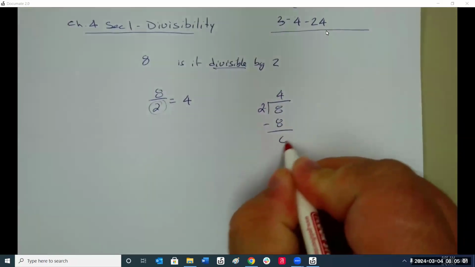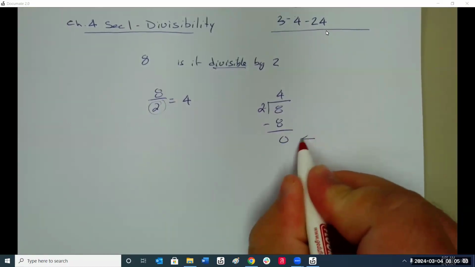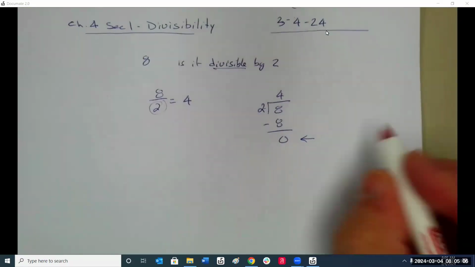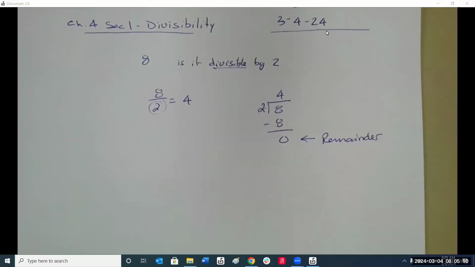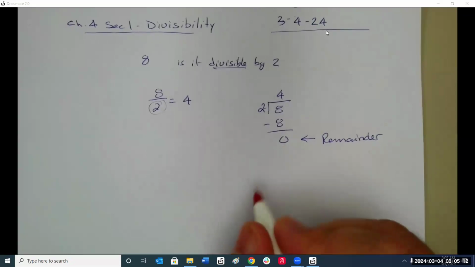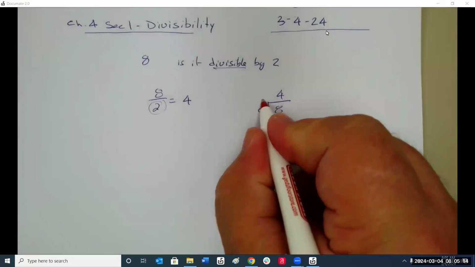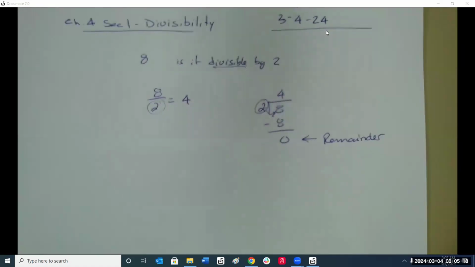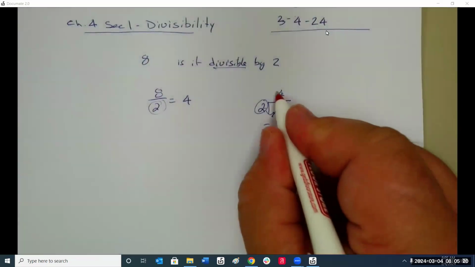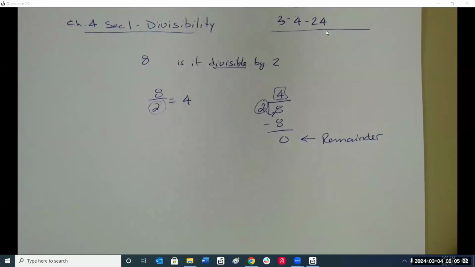I subtract it. What is this number called? The remainder. If the remainder is 0, then this number is evenly divisible into that number this many times.